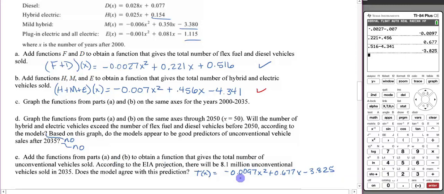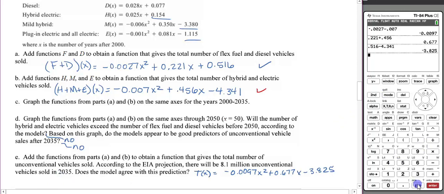According to the EIA projection, there's going to be 8.1 million unconventional vehicles sold in 2035. Does this model agree with that 8.1 million prediction? Well, let's see. In 2035, x is going to be 35.